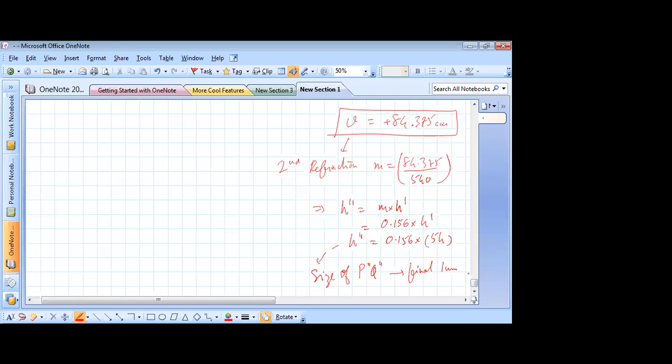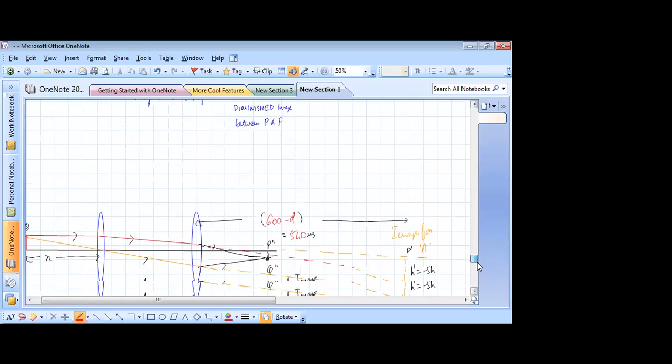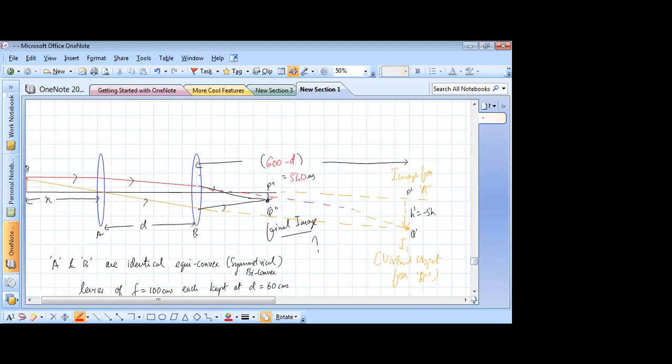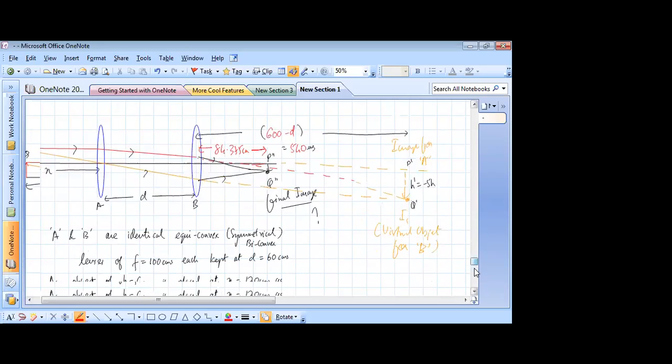Okay. So going back to our diagram, this distance here will now come to that 84.375 centimeters. And this final size of this image, p double prime, q double prime, that final size would be that value that you're looking at.